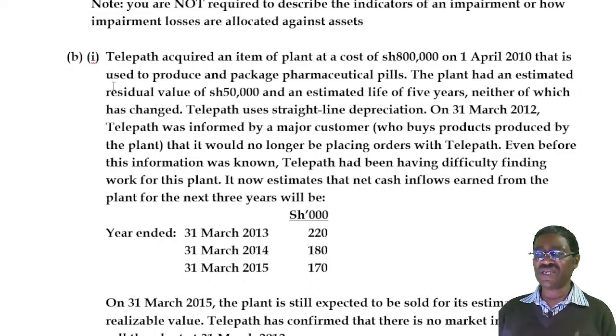The plant is estimated to have a residual value of 50,000 and an estimated life of 5 years, neither of which has changed. Telpath uses straight line depreciation. On 31st March 2012, there was that event: a major customer gave us information. Then down there, we are given the cash flows for the next 3 years. Let me explain that.